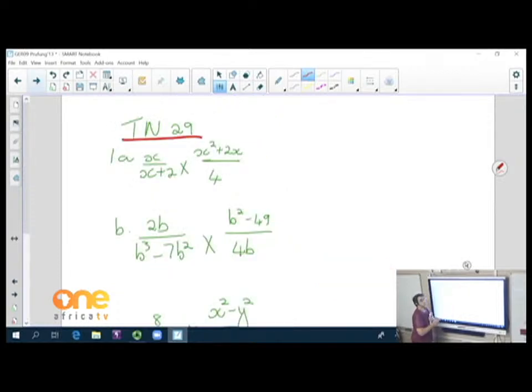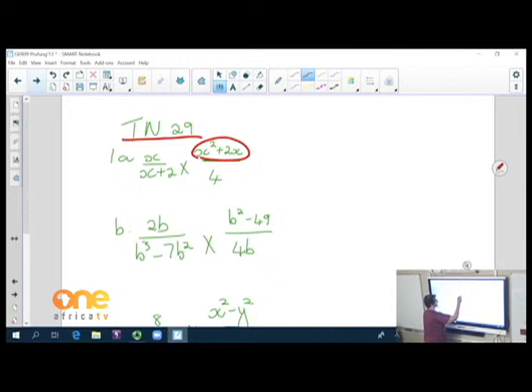Now we look at try now 29. First do the exercise and then you can mark it. And here factorization is still vitally important. I can only cancel if I factorize. Now the one that we need to factorize here is this one. Can you see?